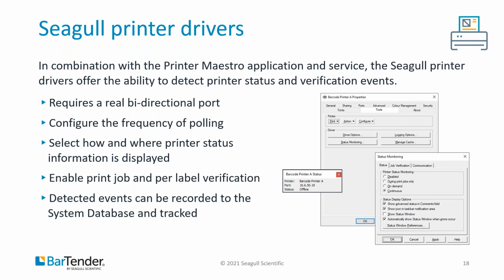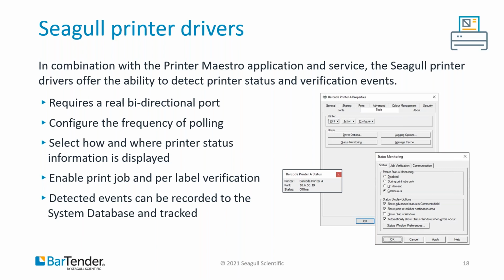But also, as you see, we need to have our printer driver set on a printer port that is bidirectional, that can communicate both ways, both in terms of sending the print job to the printer, but also in terms of getting that print job status and verification back from the printer to the Windows PC running BarTender.